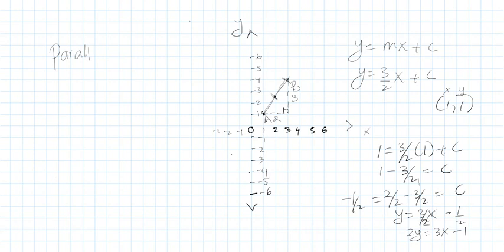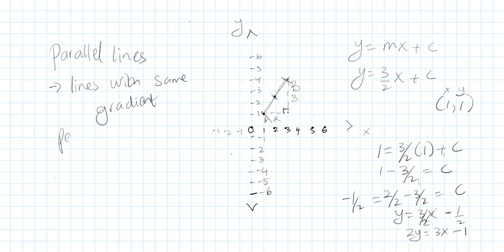So parallel lines means lines with the same gradient. That would be the definition of parallel lines. And then you have perpendicular lines. For perpendicular lines, I think you can try to visualize them. So there you have two lines which have a 90 degree angle between them.